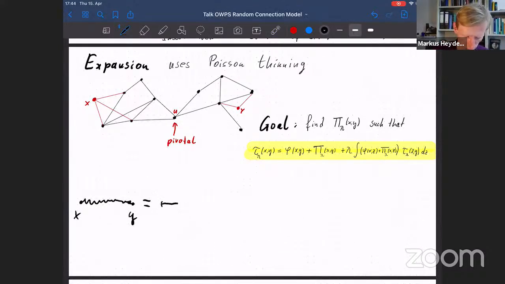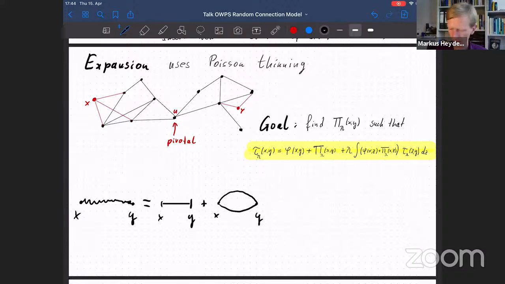One possibility is that there's a direct edge between x and y, so that's a straight line, or there is a double connection, meaning there are two edge-disjoint paths from x to y. So we start in x and y with two paths, one path and another path.